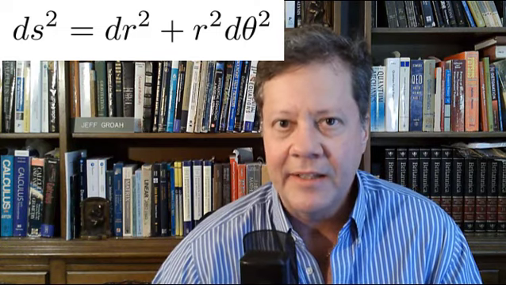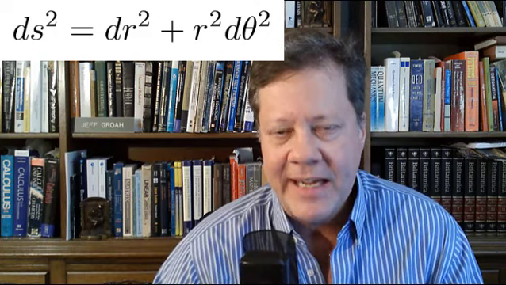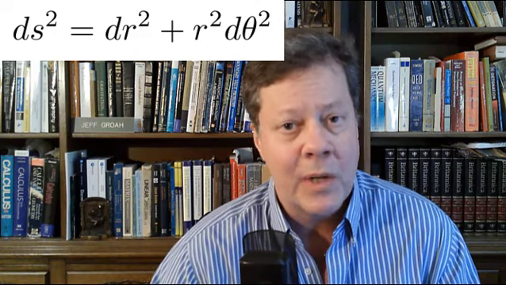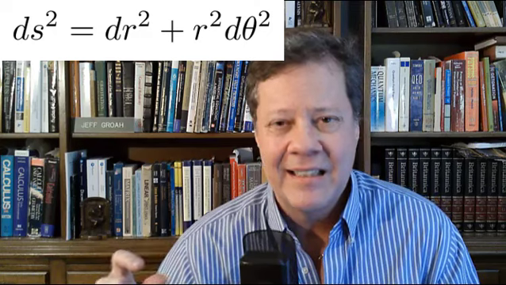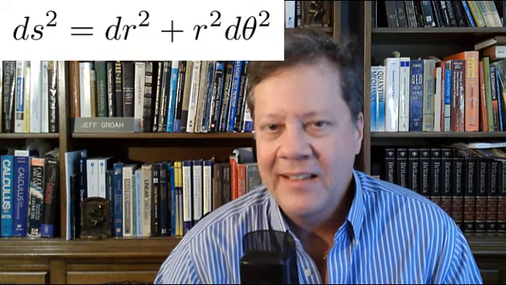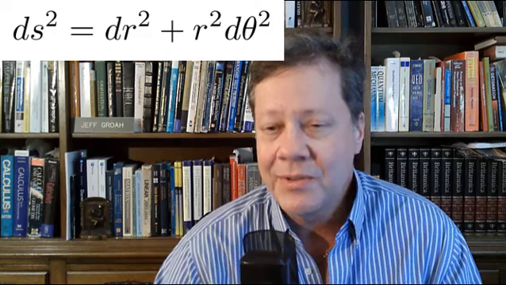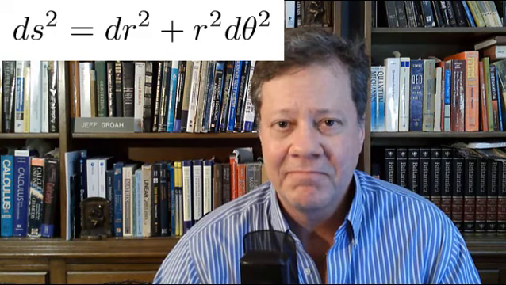On the other hand, if you make dr 0, the little change in radius 0, you can take the square root of both sides and get ds is equal to r times d theta. S equals r theta, that's a formula that is commonly taught in high school trigonometry and geometry.